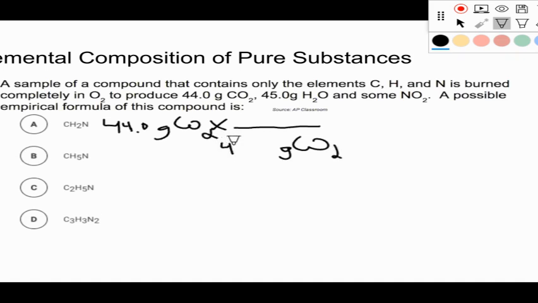It ends up being 44.01, the mass of 1 carbon, 2 oxygen. This is going to be equal to 1 mole of CO2. And if you just want to go ahead and do all the steps at the same time, you can just continue on. Because now that we have it into moles of CO2, we can convert it into moles of C, which is one of my steps for this type of problem.